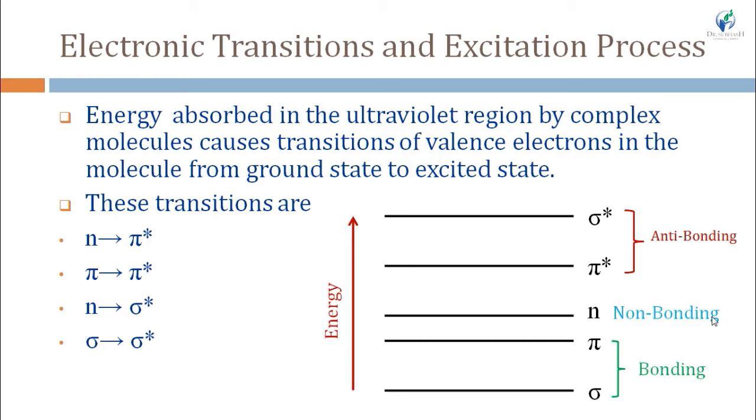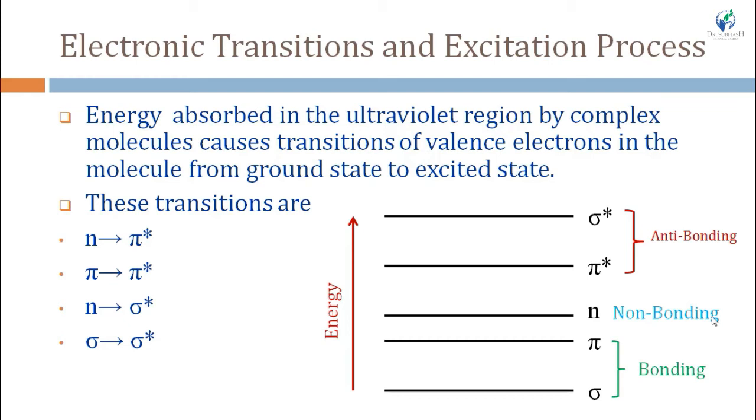The energy of bonding orbitals is less than the energy of two separated atoms, so they try to bond the two atoms, and the energy of anti-bonding orbitals is more than that of the separated atoms, so they try to separate the two atoms. Ultimately, bonding orbitals try to bind two atoms, and anti-bonding orbitals try to break the bond between two atoms.